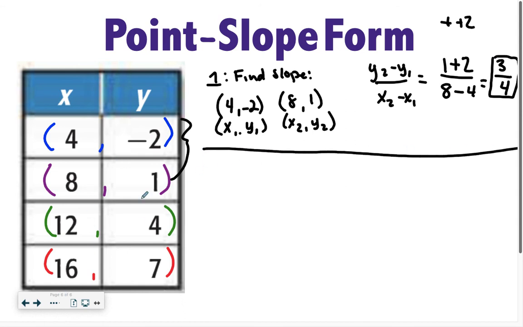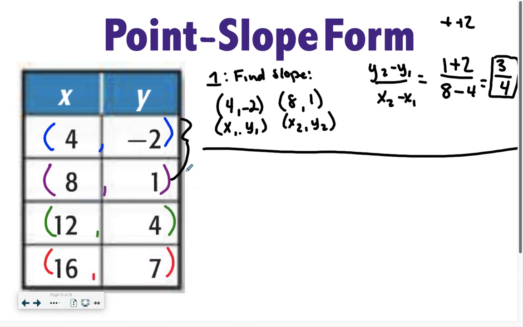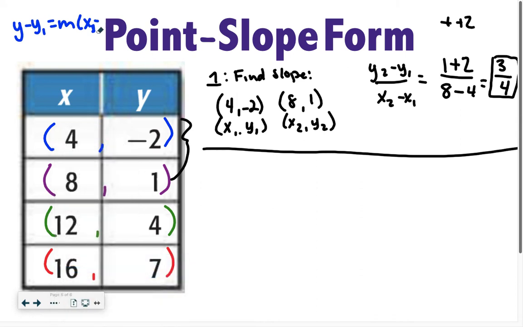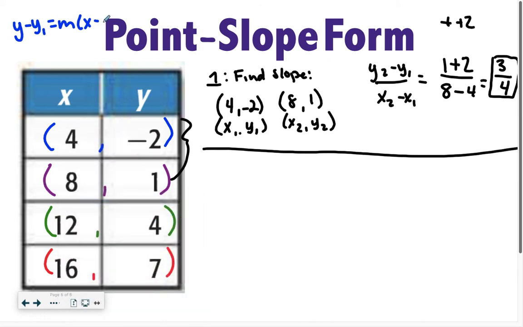Now I have 4 possible equations I could write. So remember, my point slope form is y minus y1 equals slope times x minus x1, okay? So x minus x1, and then I'm going to go through each of these points.